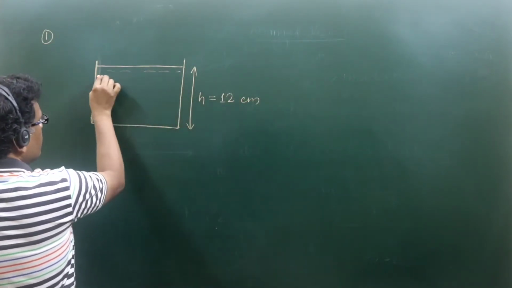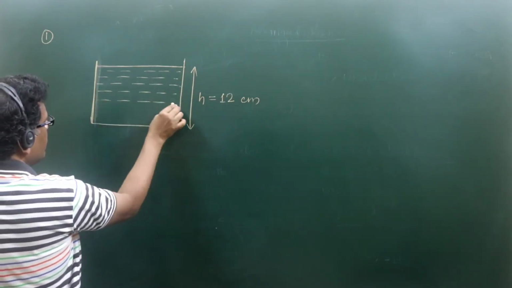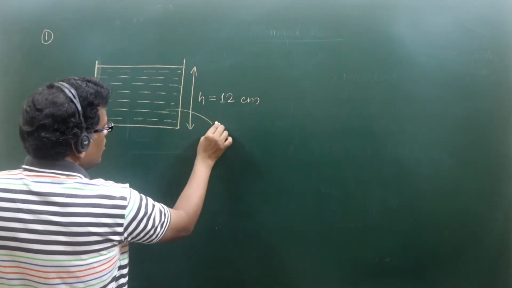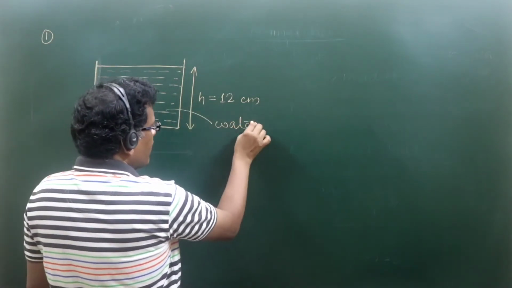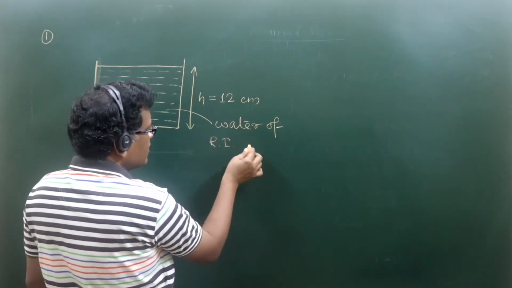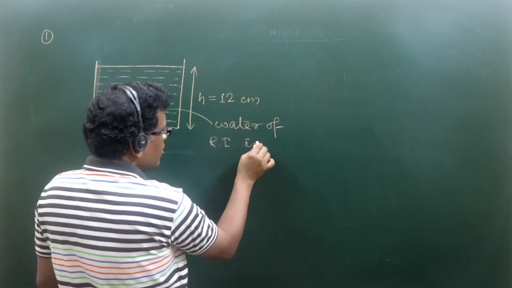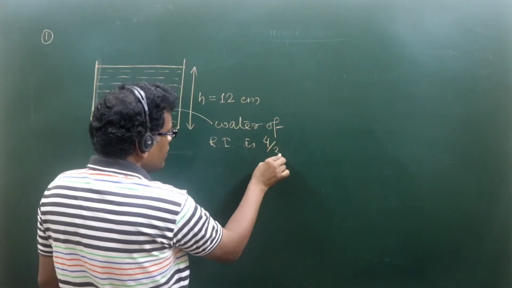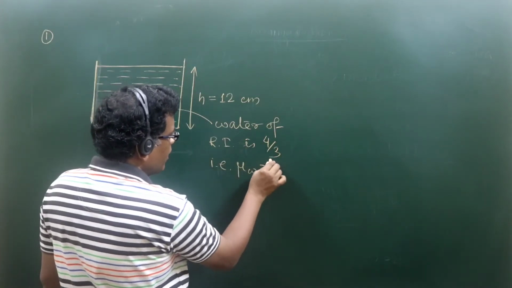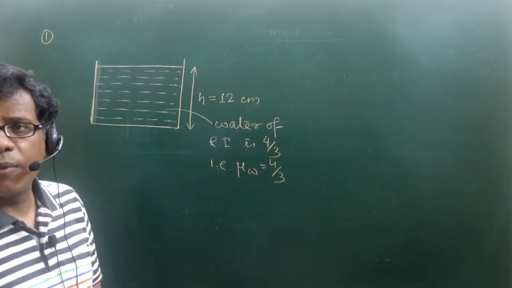This is filled with water of refractive index 4/3, that is, symbolically we write mu w equals 4/3. Are you getting me?